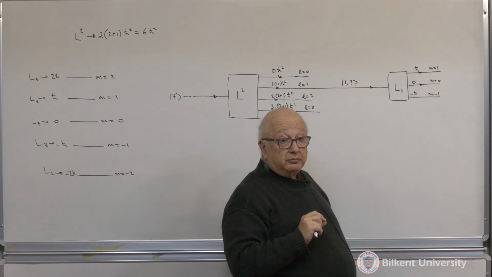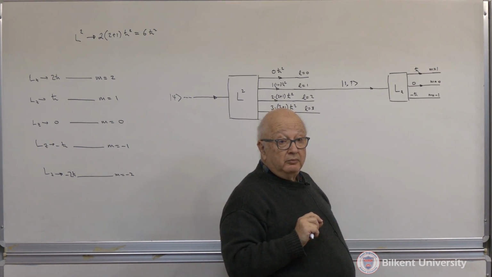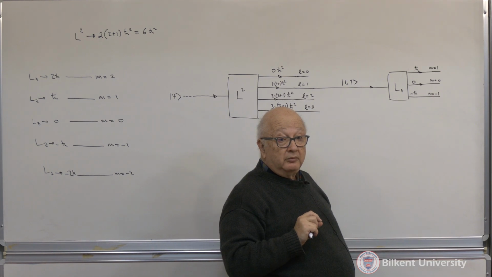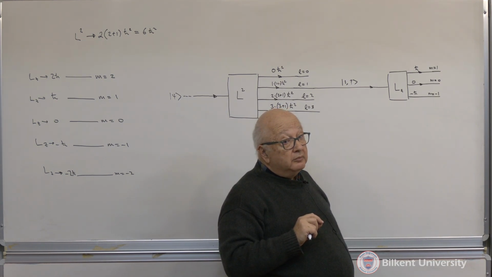Yes, but isn't it, for L equal to 1, L times L plus 1 equals 1 times 1 plus 1 equals 2? So why don't we have m equals 2?